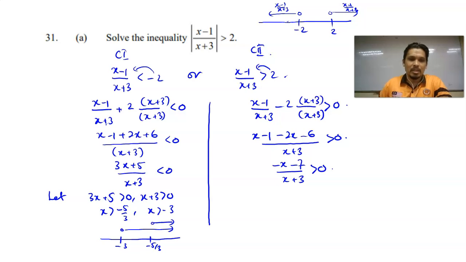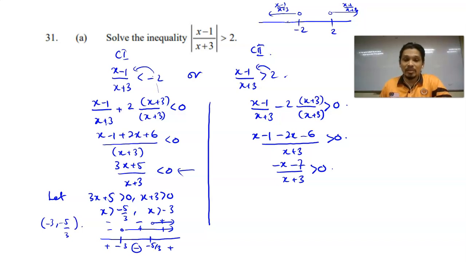In this section there is no term of and or. So we are playing with positive, negative, positive. Refer to this line, where everything here is less than 0, so negative. The first solution set for case number 1 is from -3 until -5/3.